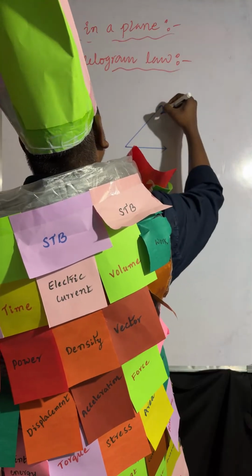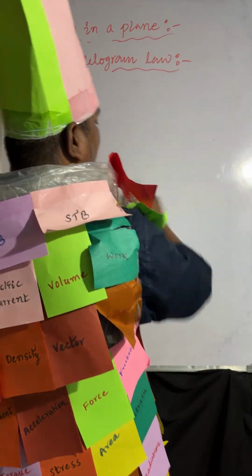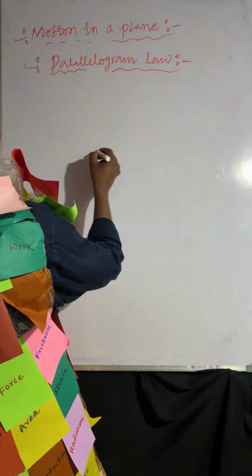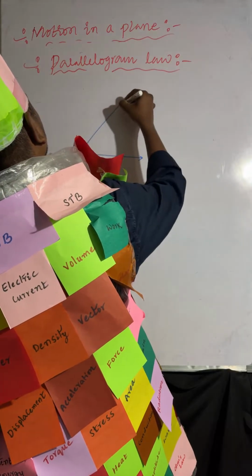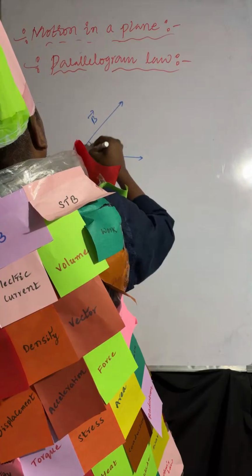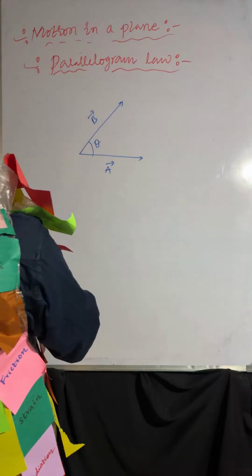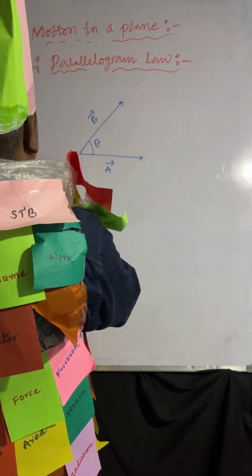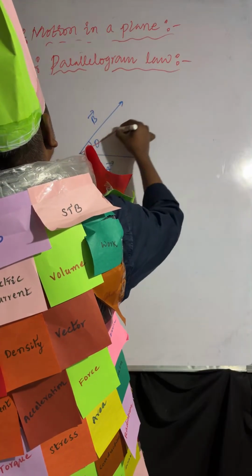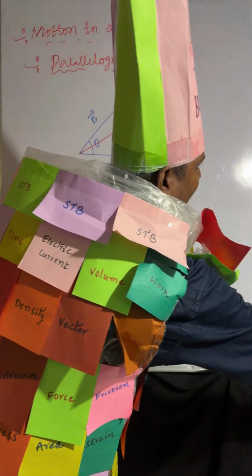The angle is theta. A bar is acting along this direction and B bar is acting along this direction. The angle between these two vectors is theta. Now the resultant is acting exactly through the center like this. This is the resultant.